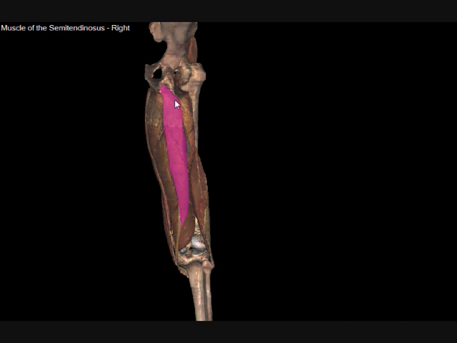The next muscle that we should look at is the semitendinosus. Now the semitendinosus arises from the ischial tuberosity above, in common with the biceps femoris tendon.